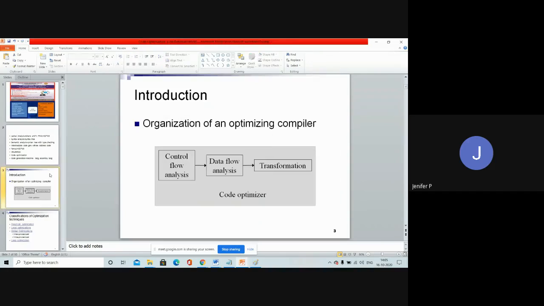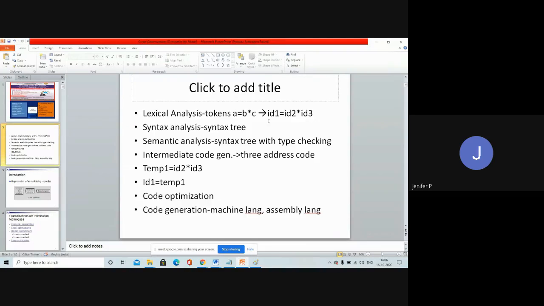Now we are going to the GATE topic, that is the compiler code optimization phase. Code optimization is nothing but reducing the three address code. For example, the earlier one is a simple example, so there is no need for code optimization, right? Consider some other term: id1 equal to id2 into id3 plus 6.